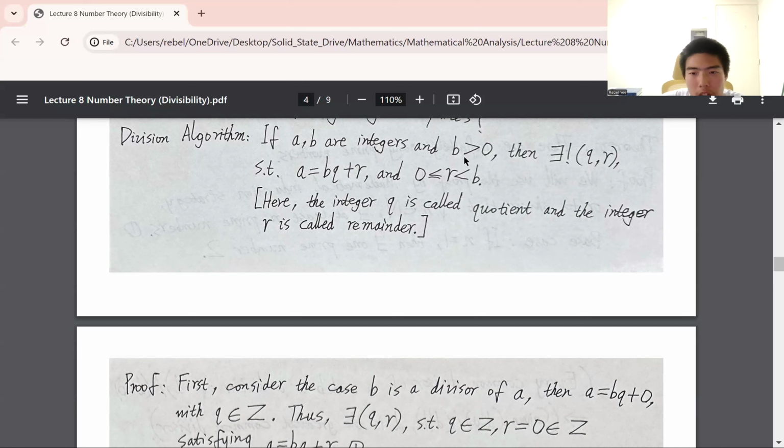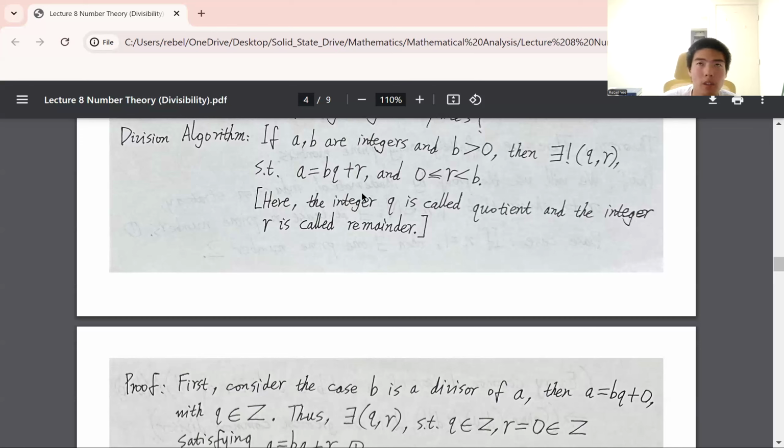If a, b are integers and b is greater than 0, then there exists only one pair of q and r such that a equals bq plus r. And r must be greater than or equal to 0 and at the same time smaller than b. Q is called the quotient, and r is called the remainder. Q and r are both integers.